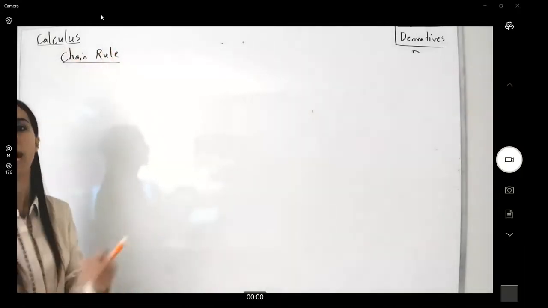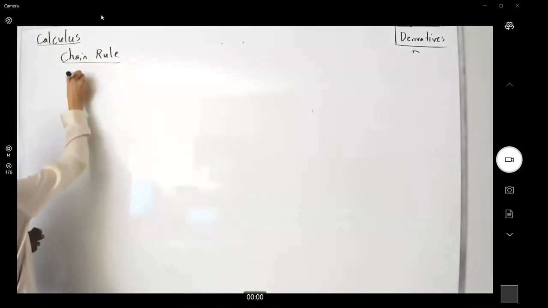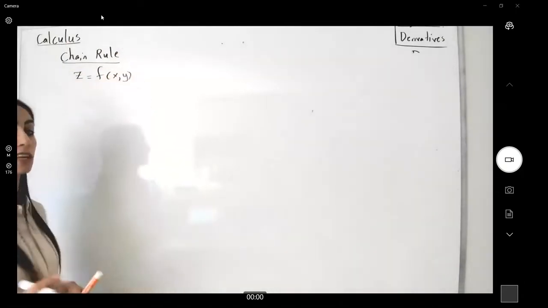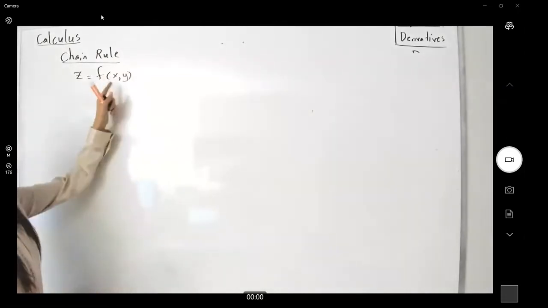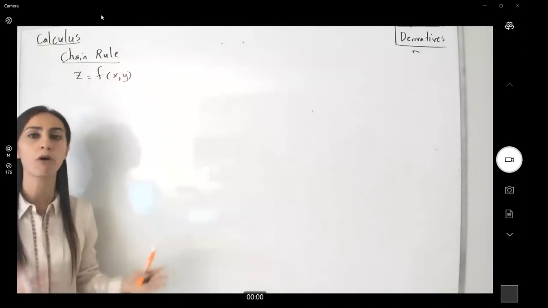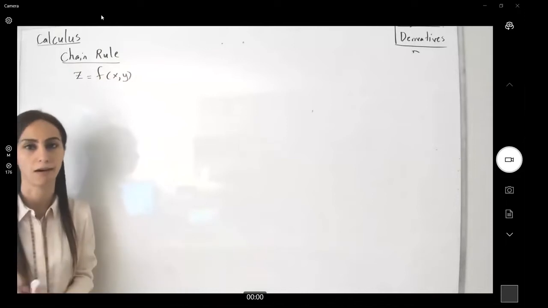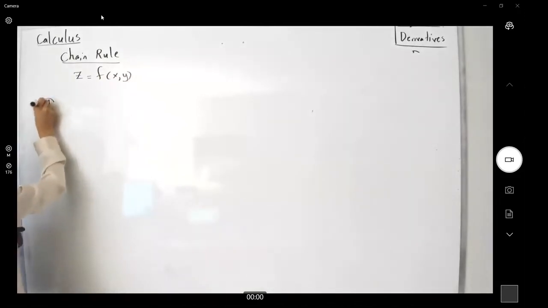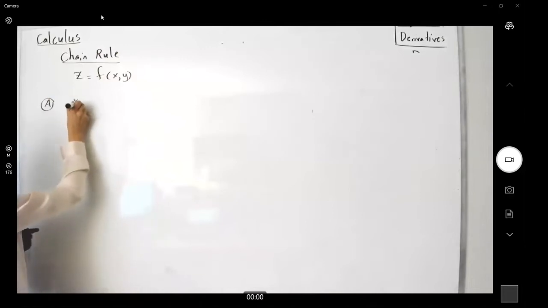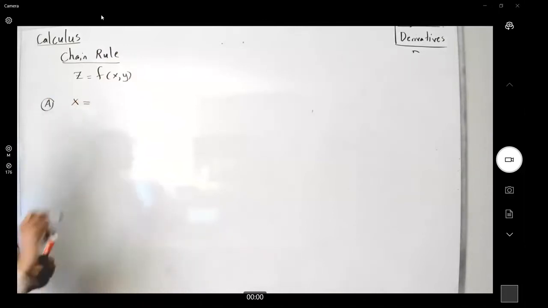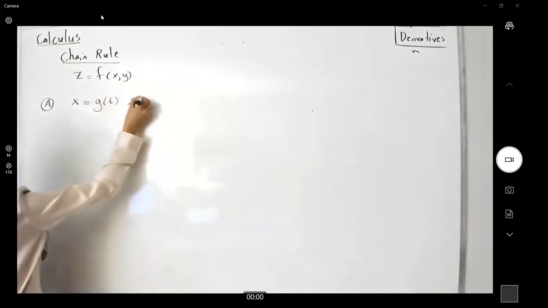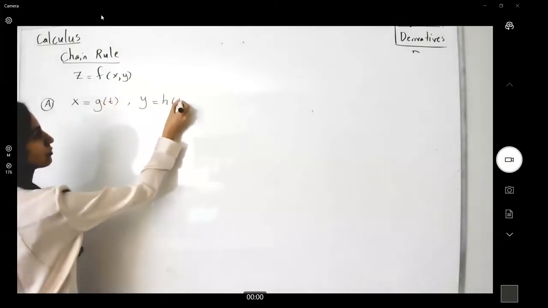So suppose you have a function z equals f of x and y, and at the same time, your x and your y both depend on another variable. So this is your case A: x is equal to g of t, and y is equal to h of t.